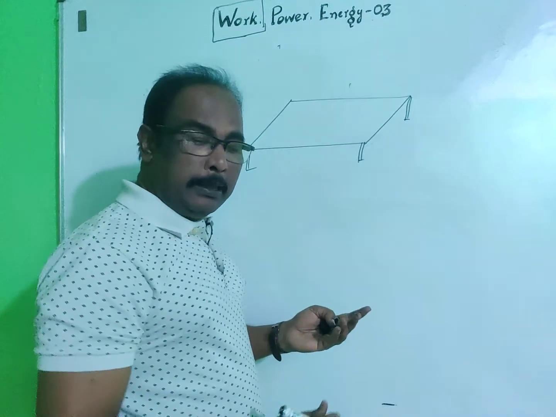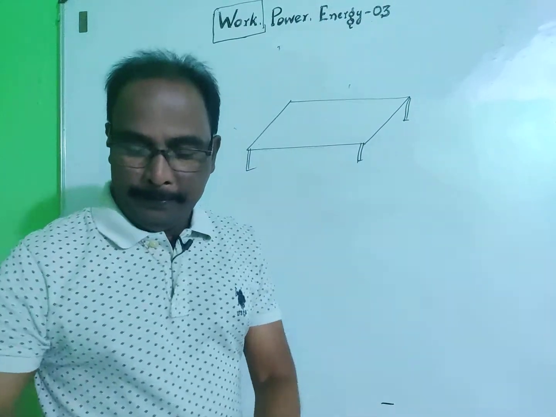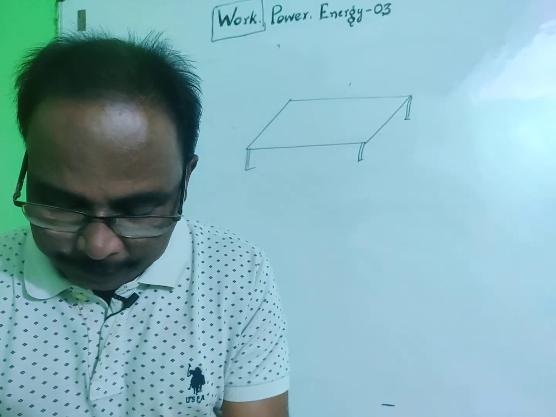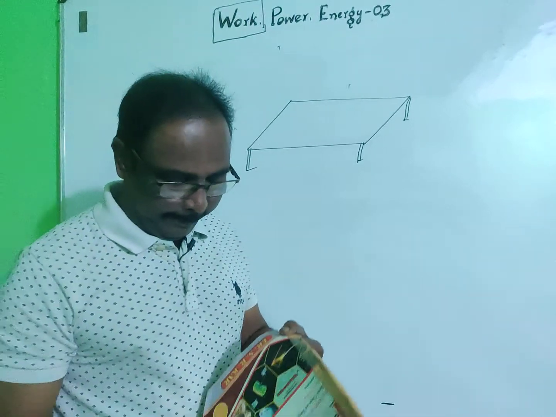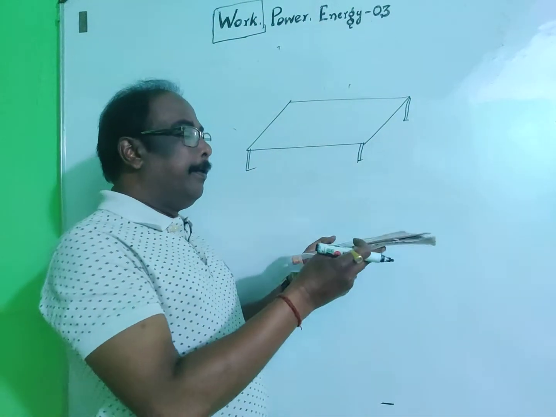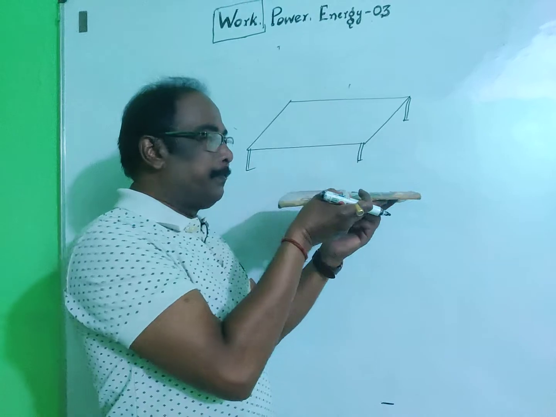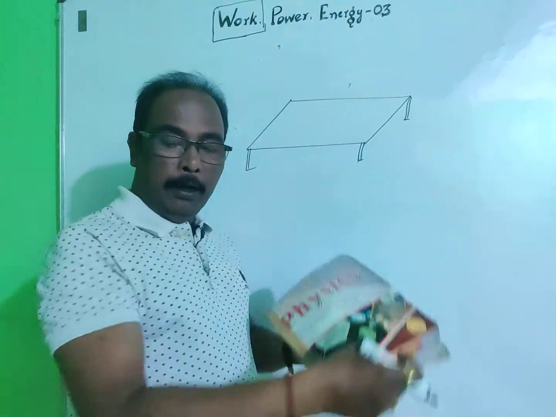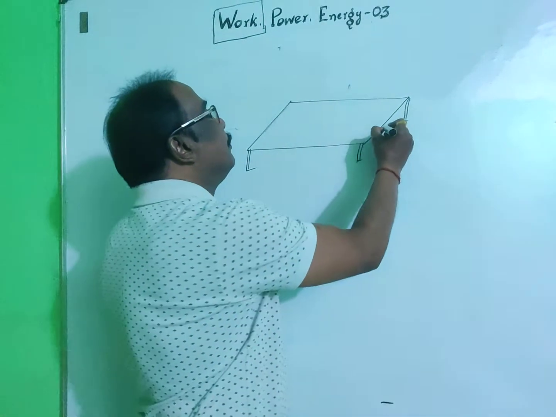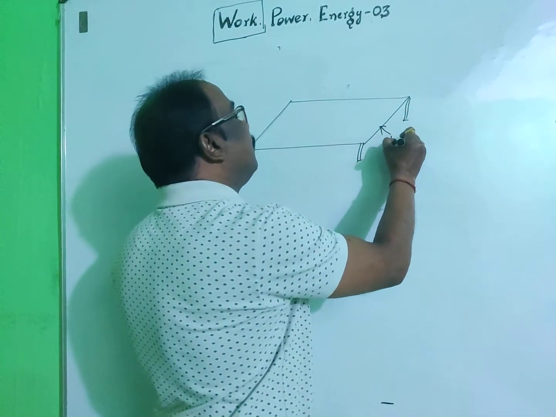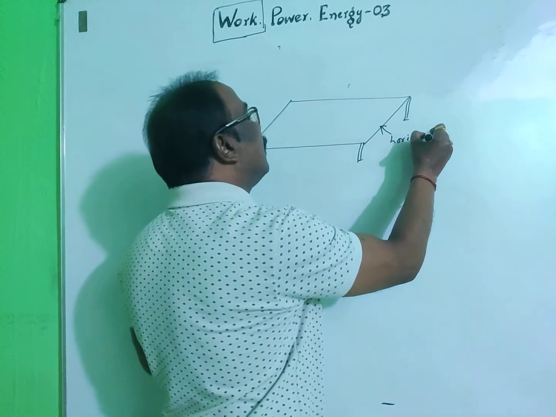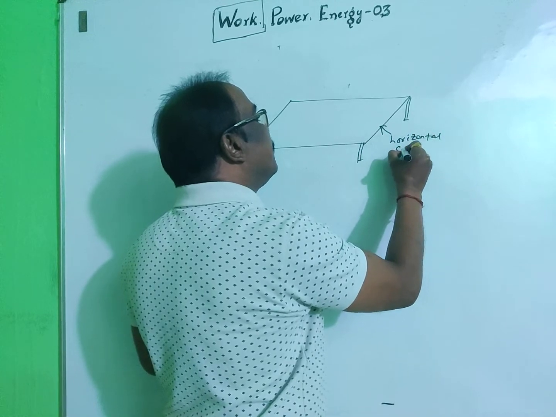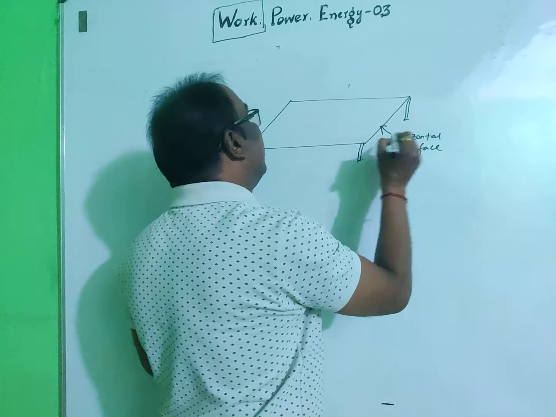And the tabletop is horizontal. Tabletop is like this. This is a horizontal surface. Okay.